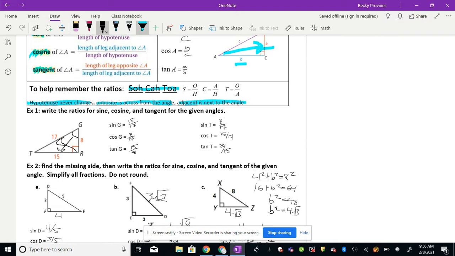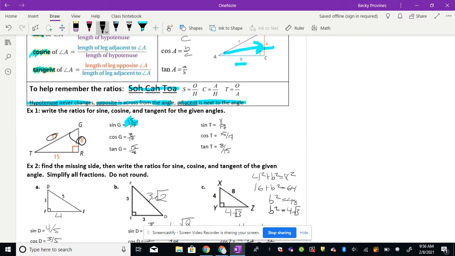So we'll have 15 over 17. All right, if we keep going, cosine of angle G is going to be 8. Again, 17, yes, it is next to the angle, but the hypotenuse will never be the adjacent. Cosine is adjacent over hypotenuse, so we're going to have 8 over 17.